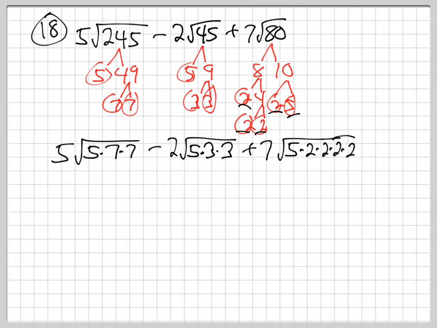Now what number's in the hook here? Nothing. Those 5, 2 and 7 are just big numbers in front of the square roots. They're not numbers in the hook.